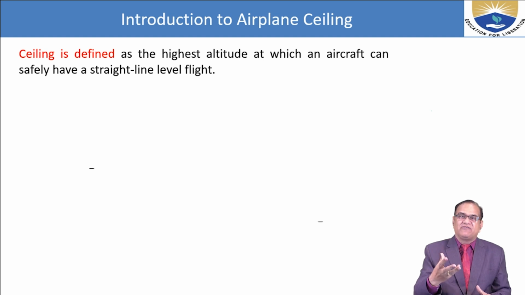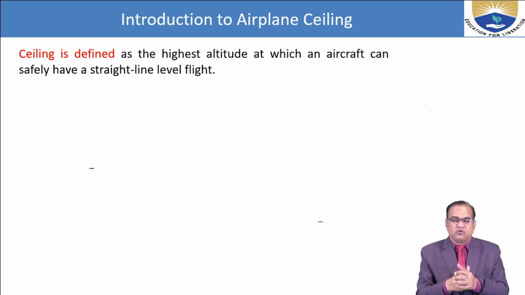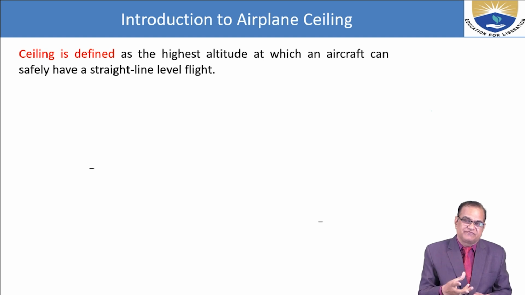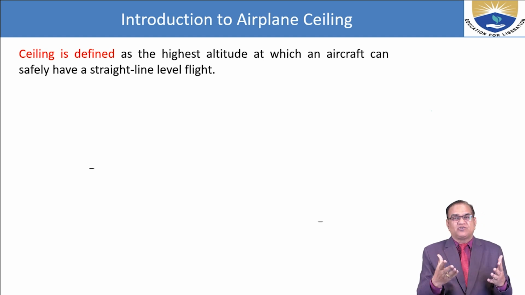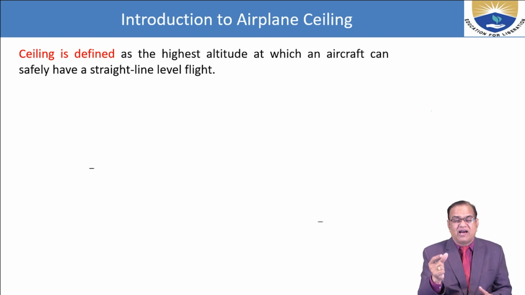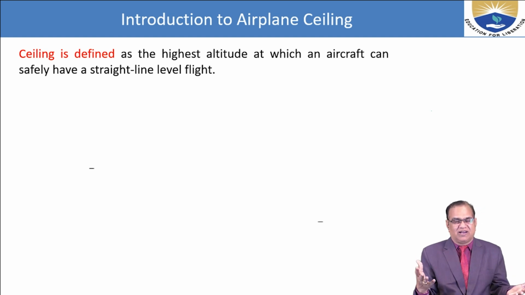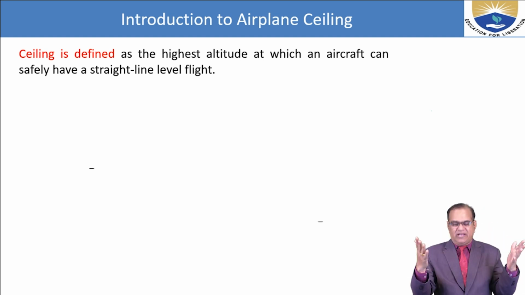Your aircraft has a lot of drag. As you go up and up, this drag will also increase and the available power will reduce due to the density effect. So one situation will come when thrust required and thrust available are both equal. That altitude is called the ceiling.